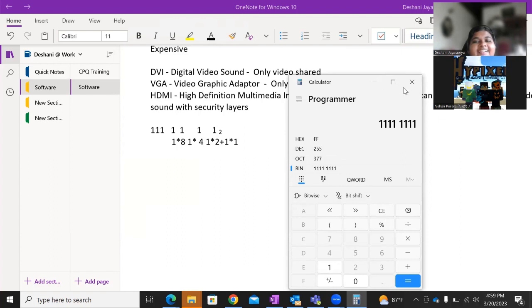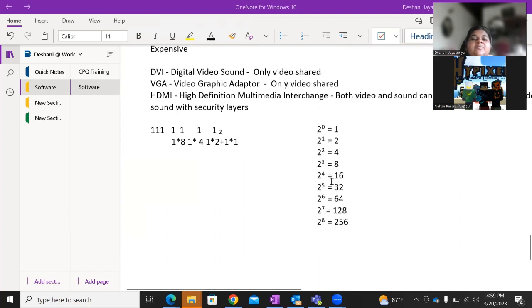Because it's going up to this much, we are going for 255. So total is 2. All of them is to be added in order to get it.